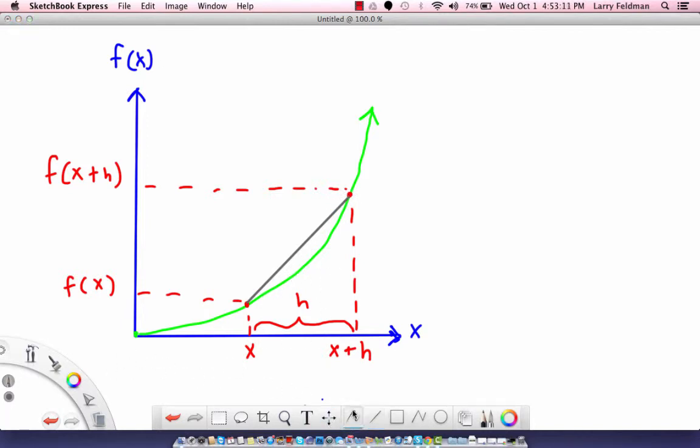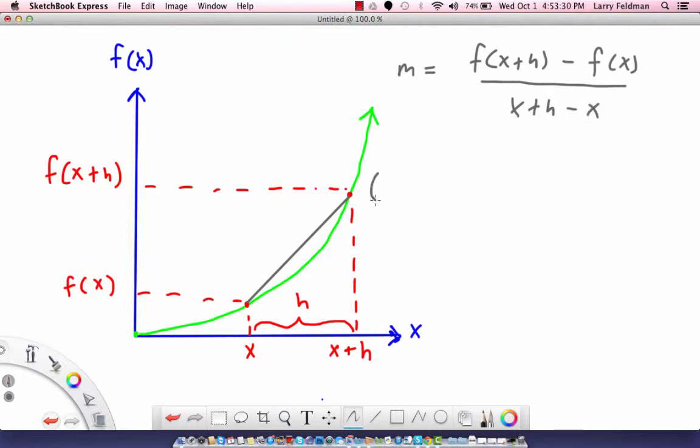And I know that the slope of that secant line is f of x plus h minus f of x over x plus h minus x. In other words, this point has coordinates x plus h, f of x plus h.